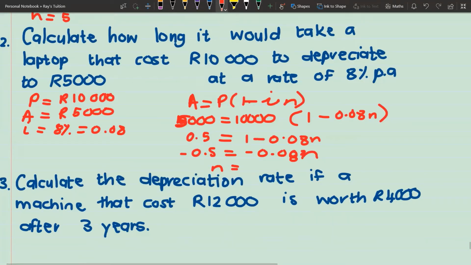And then dividing both sides by negative 0.08, we get 6.25 years.